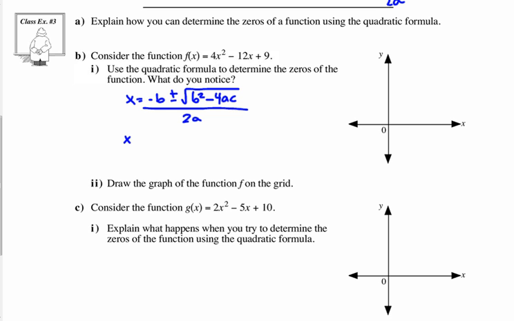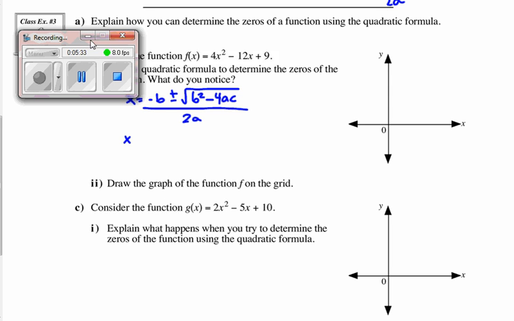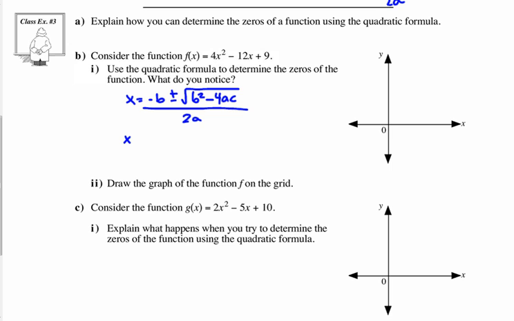What is your a value here? A is 4. Remember A, B, C, just like your alphabet?